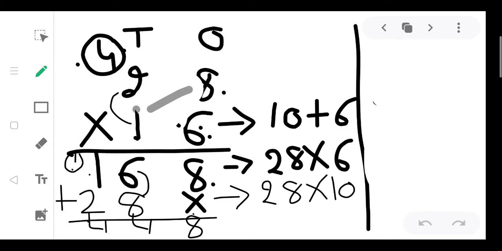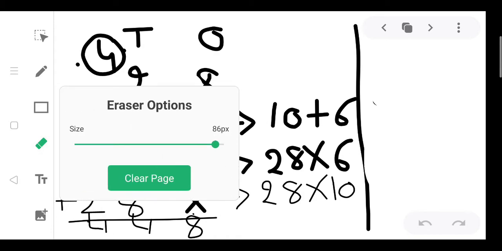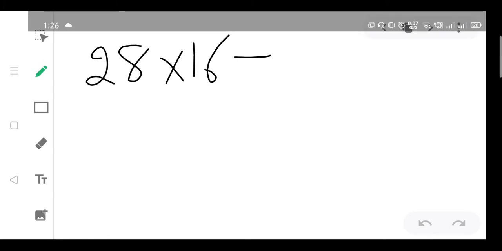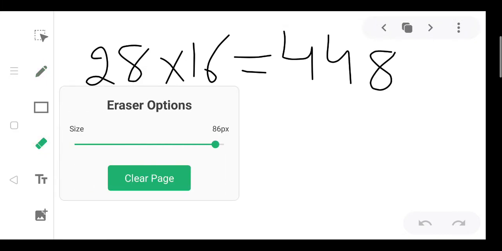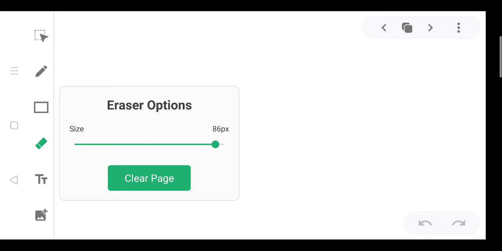So what is your answer here? When you have multiplied 28 by 16, you got the answer 448. The same way I am going to explain the next question.